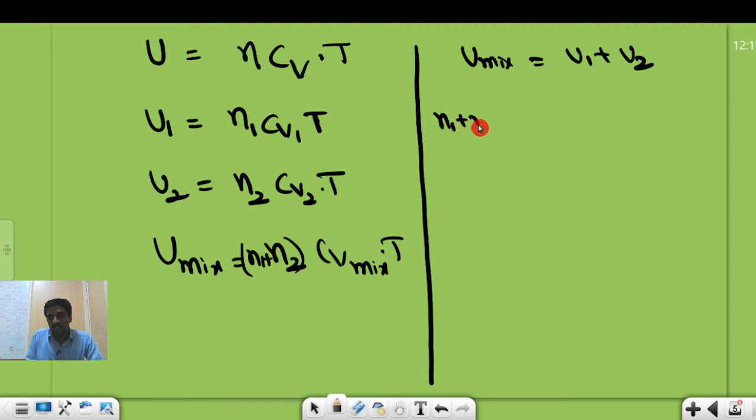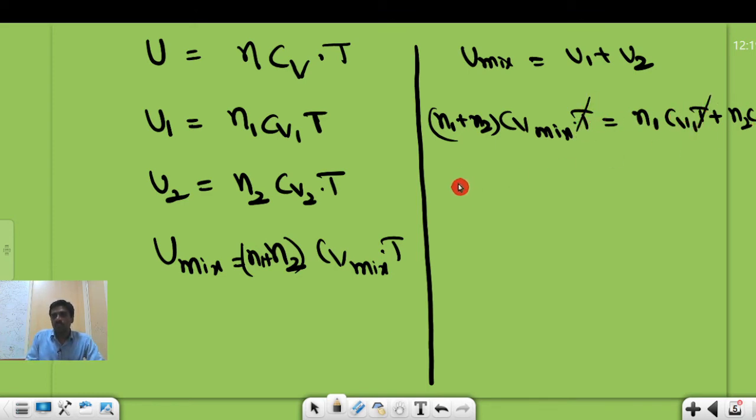So (N1 plus N2) into CV mix into T is equal to, substituting all values, N1 CV1 T plus N2 CV2 into T. T is the common term here, T I cancelled here.